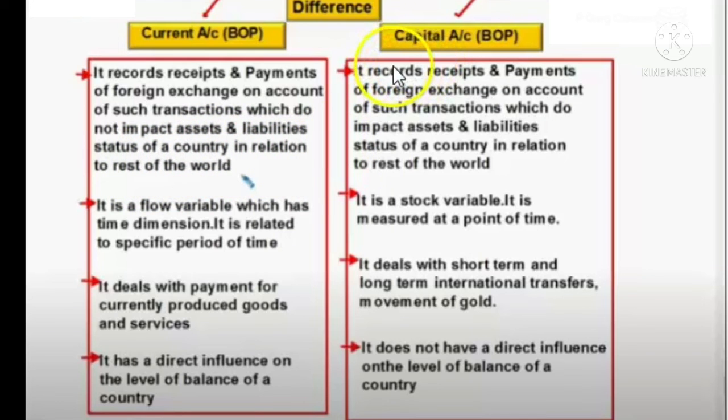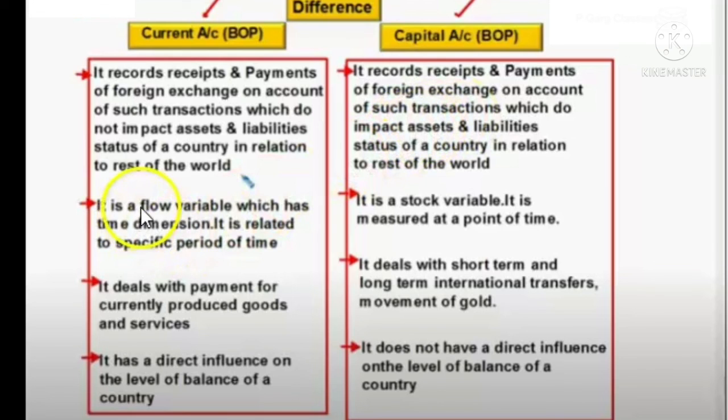And the capital account records receipts and payments of foreign exchange on account of such transactions which do impact the assets and liability status of a country in relation to other nations. So borrowings, investment, etc. take place, so it has an impact on assets and liabilities.